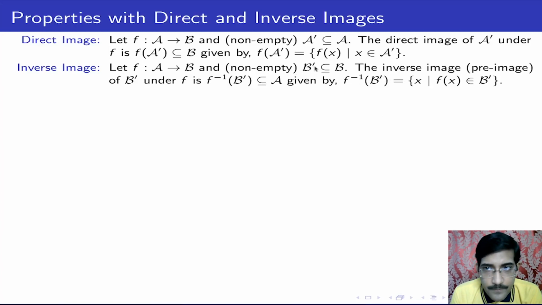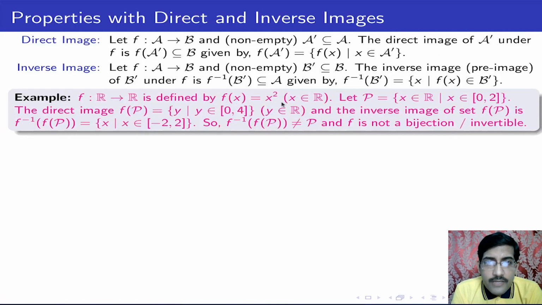The inverse image is just the collection of pre-images of the elements of B', defined as f inverse of B'. f inverse of B' is all x's such that f(x) gives me the elements of B'. So it's just an extension of the definition of image and pre-image which we defined when we started defining functions.